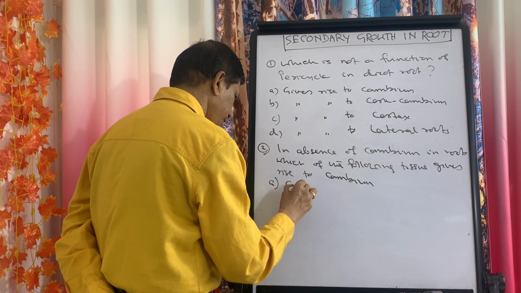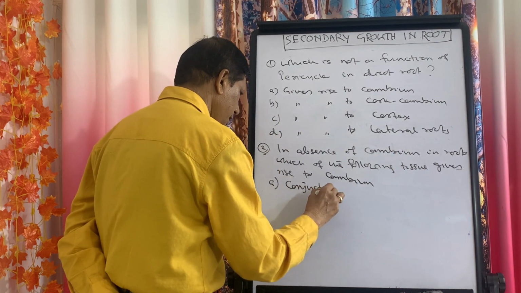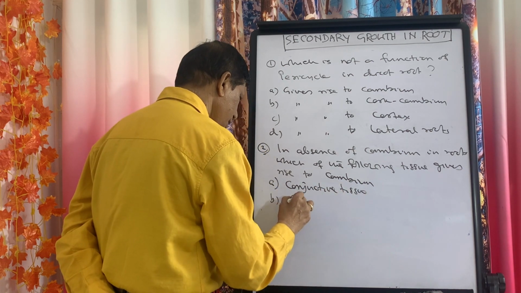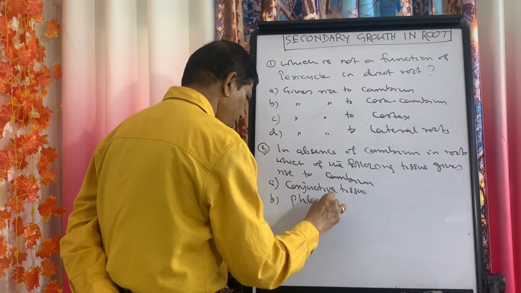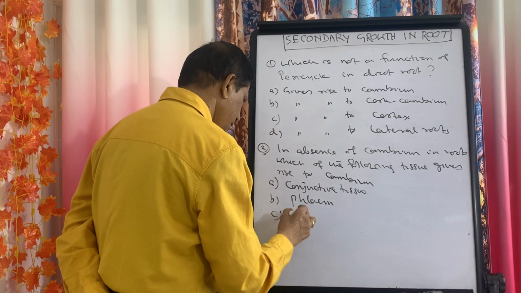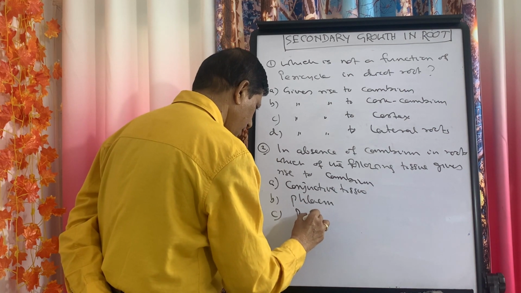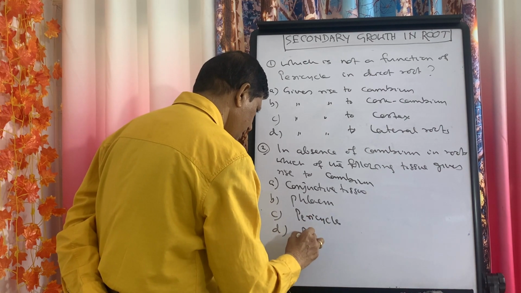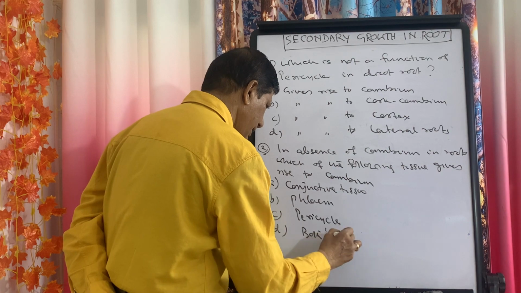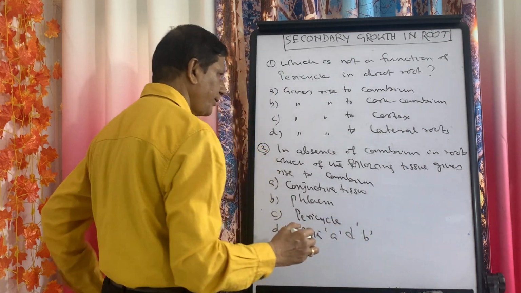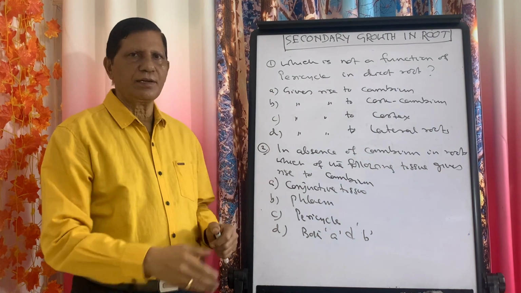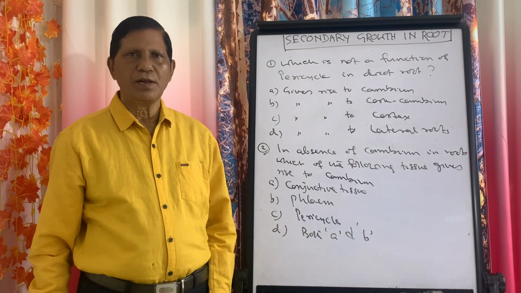A, conjunctive tissue; B, phellem; C, pericycle; D, both A and C. So we have discussed all these things while discussing the secondary growth in case of roots.